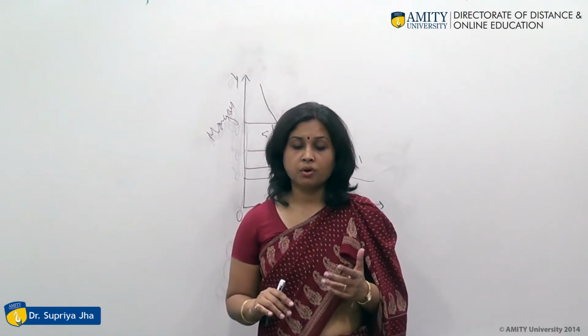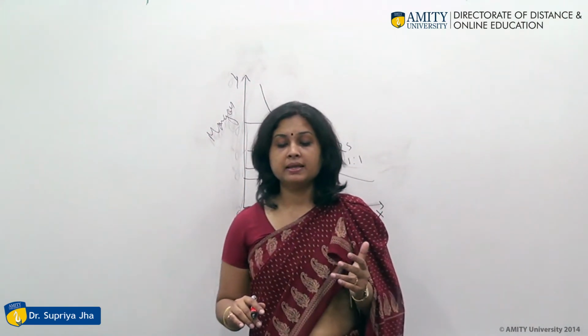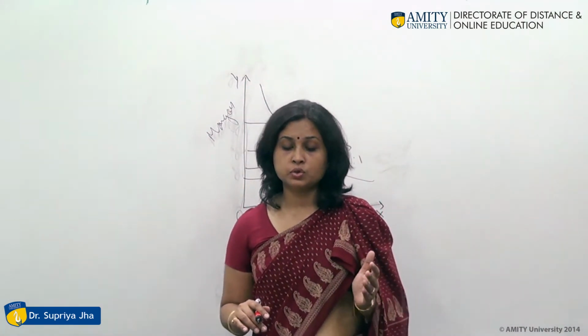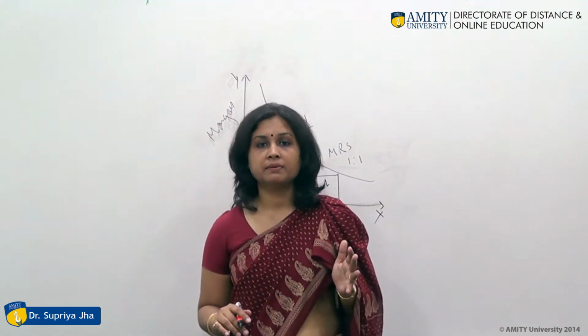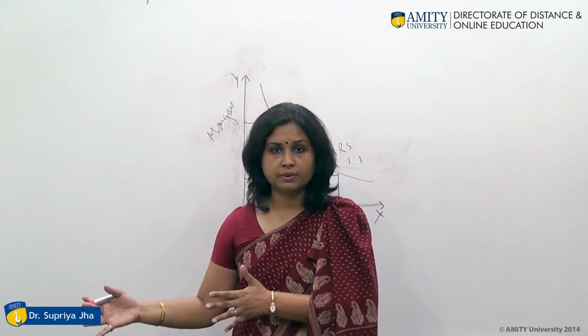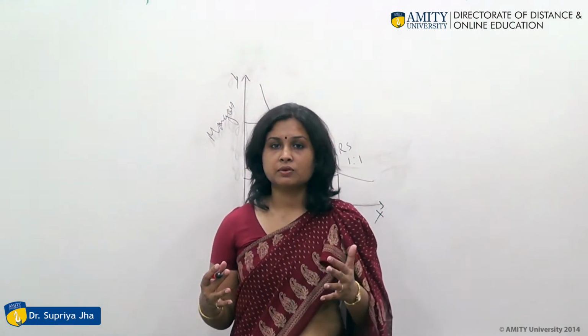As more and more of a good, say X, is substituted for another good, say Y, the marginal rate of substitution diminishes. This is due to the fact that when the consumer wants to have more of a particular product, he is ready to sacrifice less of it.